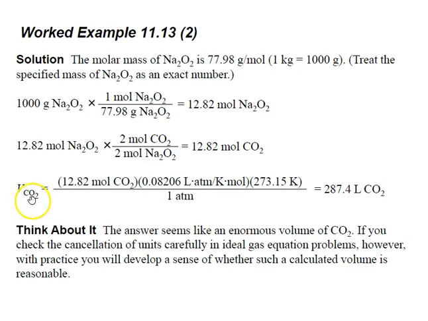So our volume of carbon dioxide is going to have the n, which is our moles, our normal gas constant that we've seen every time so far today, the temperature in Kelvin, and this is just normal, what is this? This is 0 degrees. Standard temperature and pressure is 0 degrees and 1 atmosphere. Multiply through and divide by 1, we should get 287.4 liters of carbon dioxide.